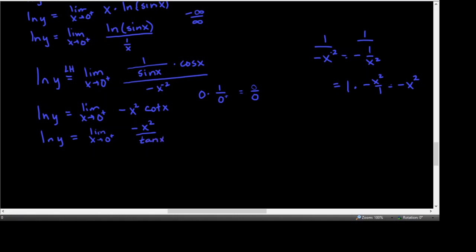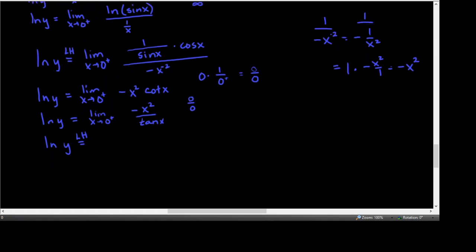By substitution, that becomes the opposite of 0 over, and tangent of 0 is 0. So that means it's eligible for L'Hopital's rule again. You can use L'Hopital's rule repeatedly as long as you're getting, by substitution, 0 over 0 or infinity over infinity. You can use L'Hopital's rule as many times as you need to, given that the conditions are met.